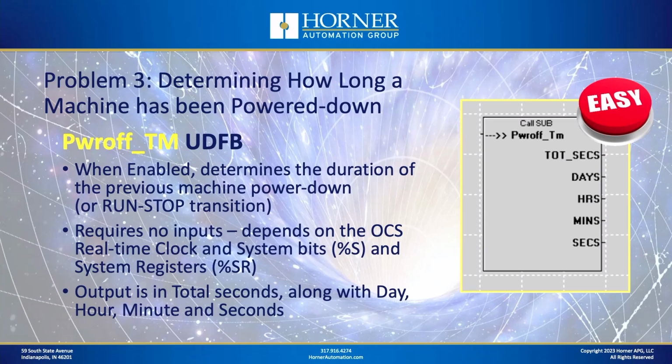It also provides you days, hours, minutes, and seconds, if that's a format you're more interested in. So whichever outputs you're interested in, you can assign variables to them that are important in your program. For the ones you don't care about, you still have to assign variables, but they might just be junk variables that you ignore elsewhere in your program. Okay, so this is the power off time UDFB.